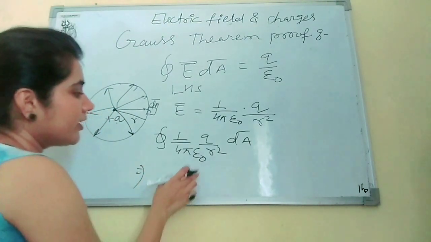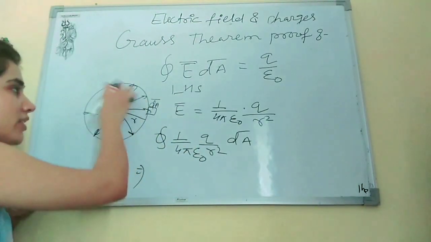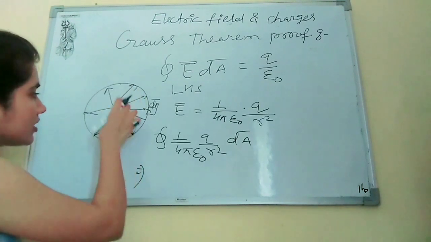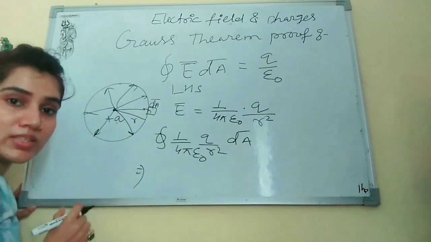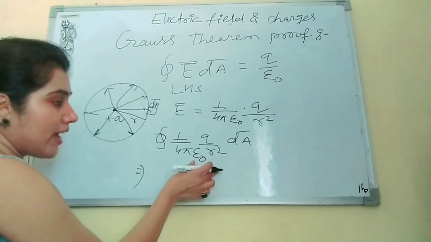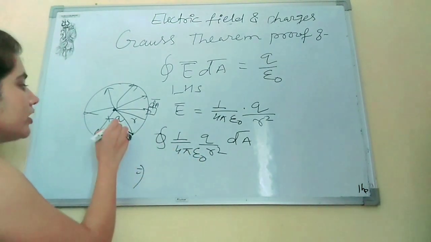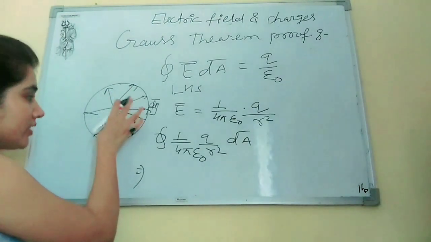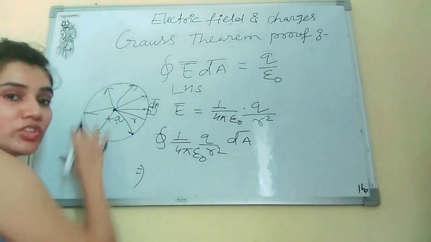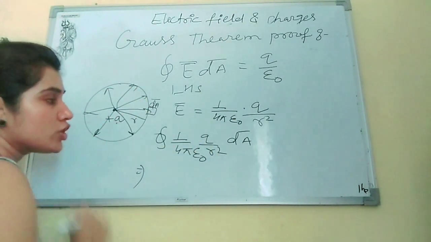Now you are seeing here that epsilon naught is distributed over all the parts of this closed surface, so we can take it as a constant. The charge is also constant.